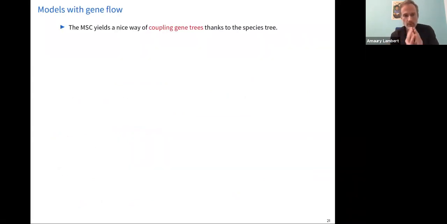So recall that multi-species coalescence yields a nice way of coupling gene trees, right? Because you have many gene trees, they cannot be independent because they share at least partially some evolutionary history. Recombination was a way of doing that in the ancestral recombination graph. The multi-species coalescence is a way of doing that by assuming that conditional on the species tree, the gene trees are independent.